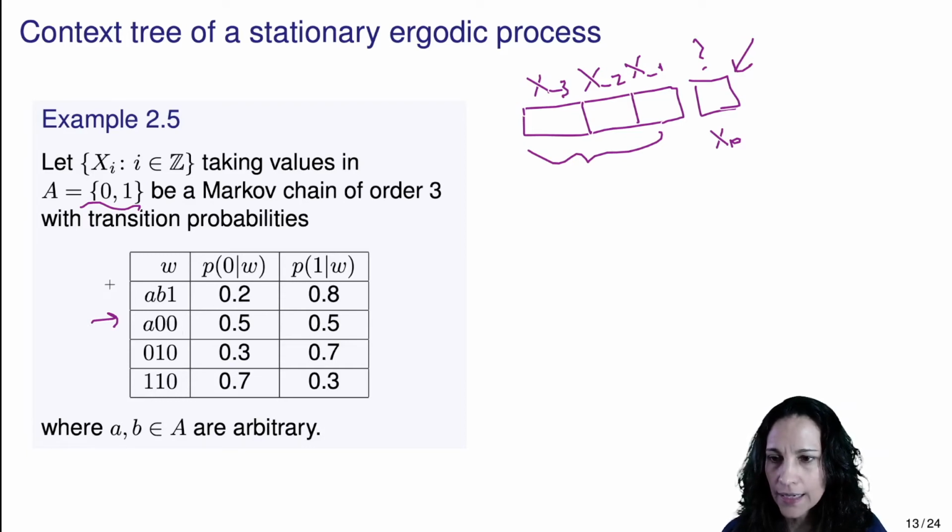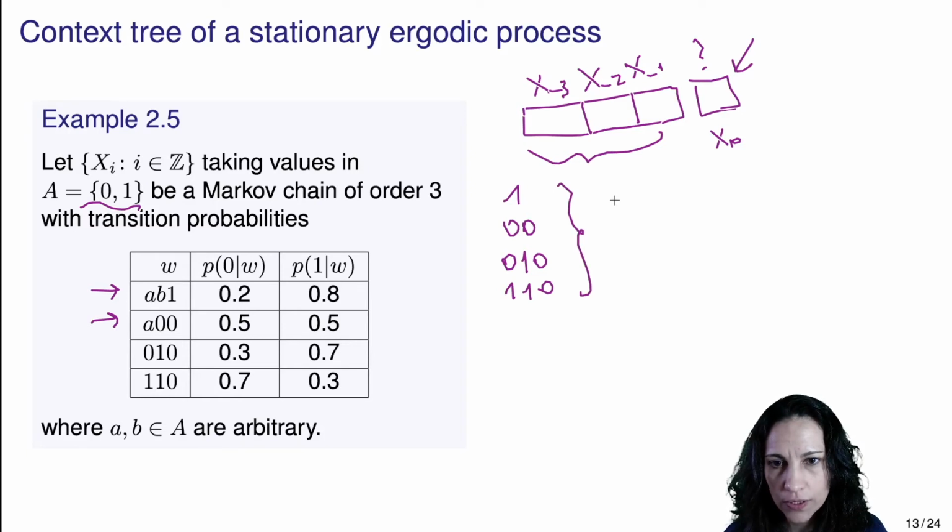And in this line, we have the same probability of 0.2 of seeing a 0, even for any sequence of the form 0, 0, 1, 0, 1, 1, 1, 0, 1, or 1, 1, 1.